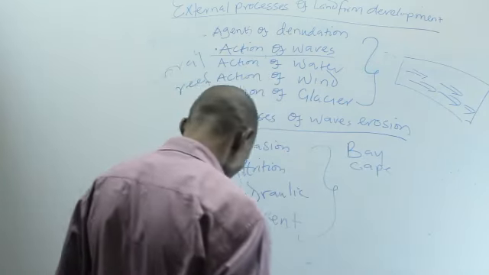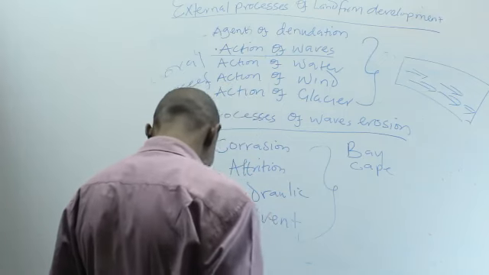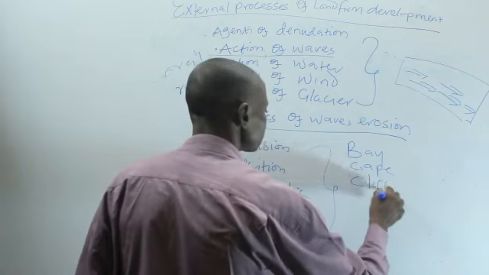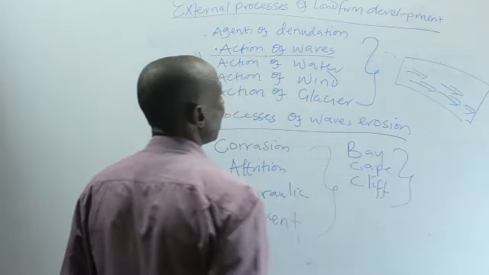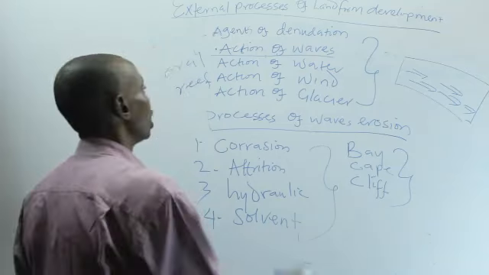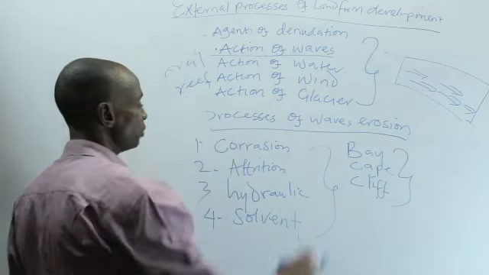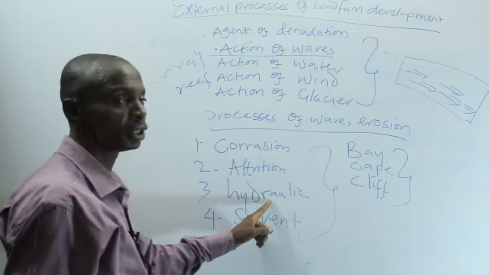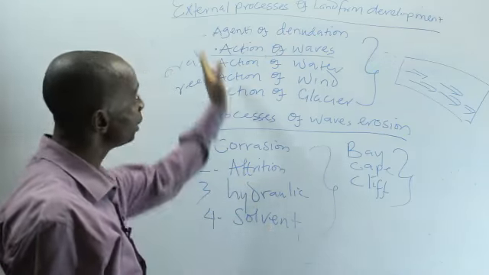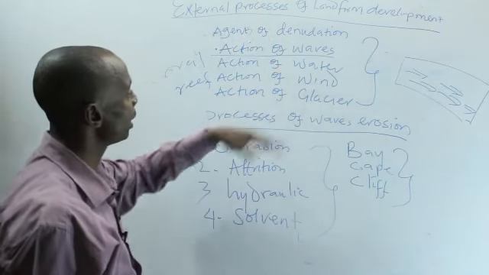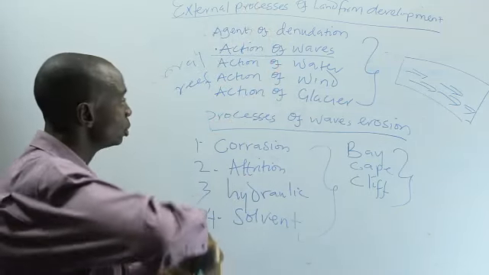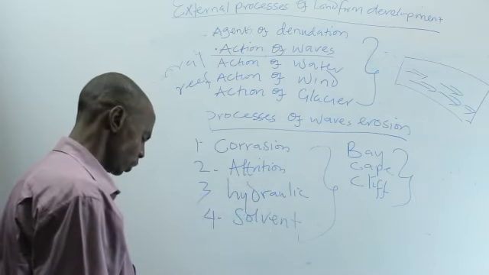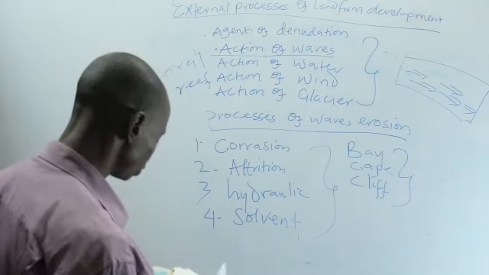Then number three, we have cliff. All these are landforms developed as a result of the action of waves using these processes: corrosion, attrition, hydraulic, and solvent, as a means of transporting the material from one place to the other. That is what we can say about the action of waves.